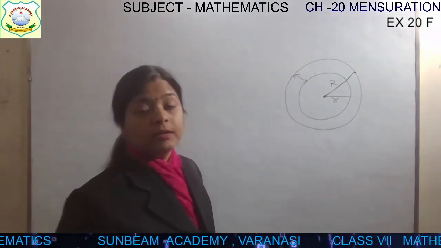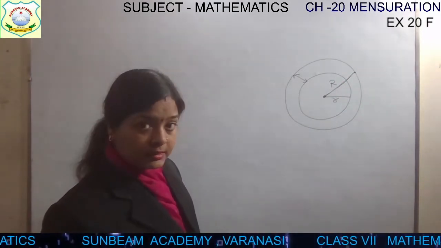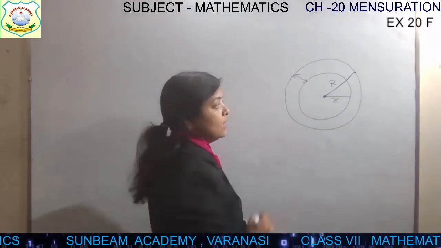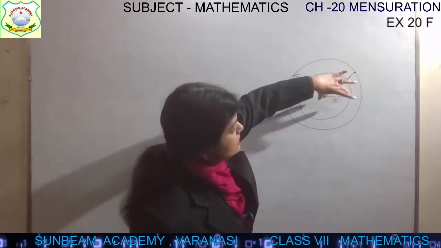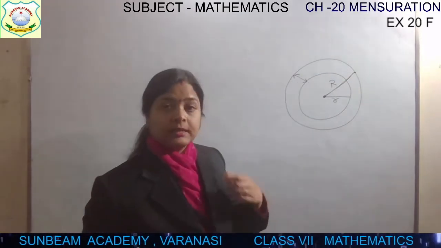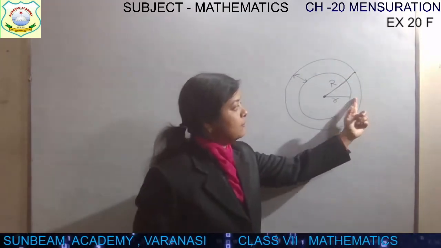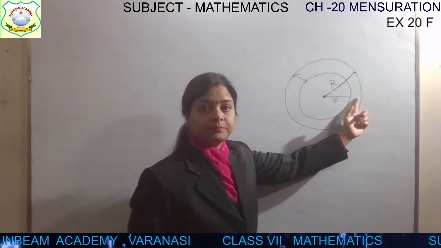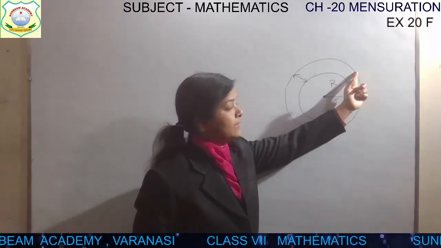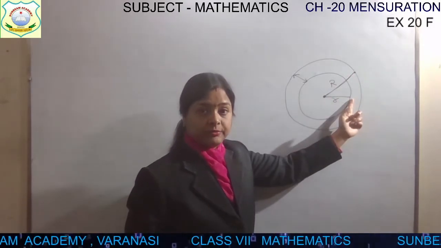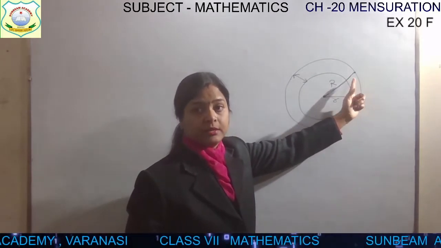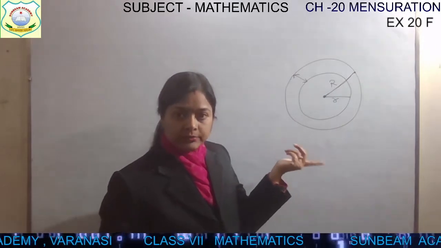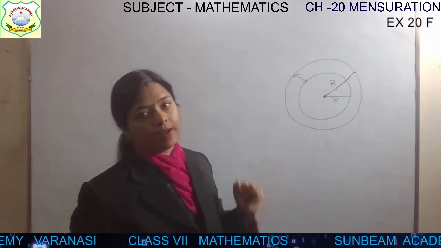If we subtract the inner radius from the outer radius, then we will get the leftover part, that is the width. Clear? If you subtract the inner radius from the outer radius, you will get this one. This portion is left, and this is the width of the circular track.